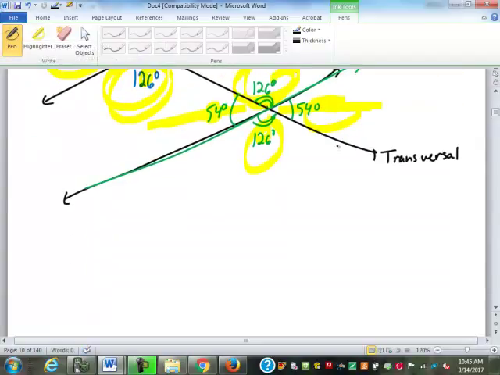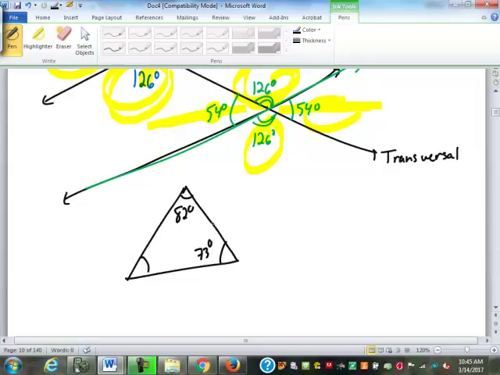Now remember, when we had a triangle, what do the angles of a triangle have to add up to? 180. So if this one here is 82 degrees, this one is 73 degrees, this one's going to have to be 25 degrees, right? 180 minus 82 minus 73 is 25.